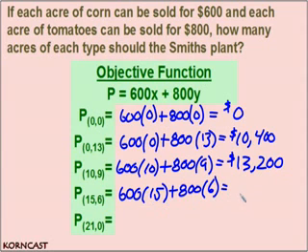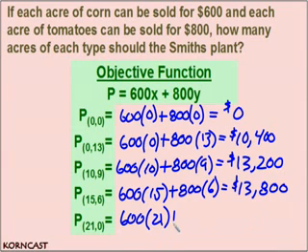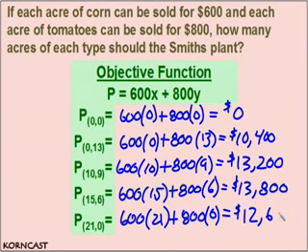And that product will result in $13,800. And last but not least, we're going to have 600 times 21 plus 800 times 0. And that will result in $12,600.